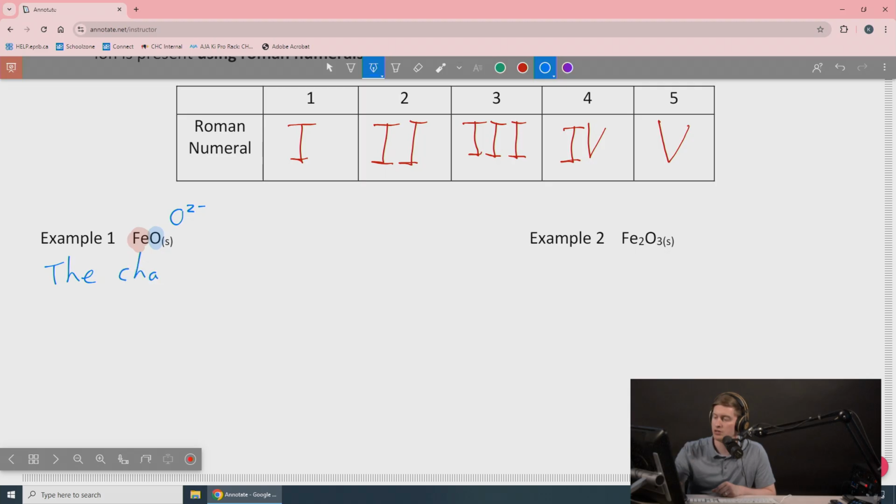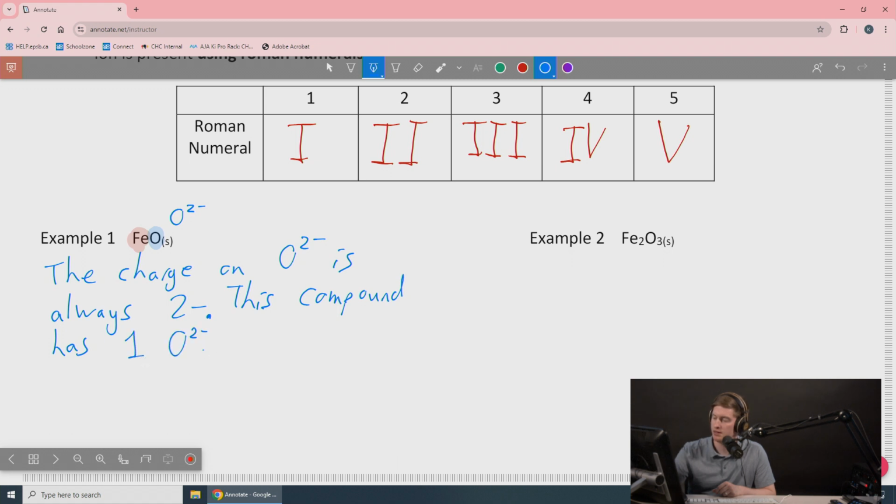The charge on oxide is always 2-. This compound has one oxide, so it has a total negative charge of 2-.